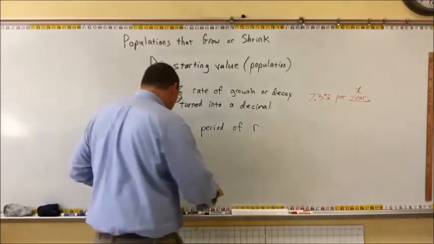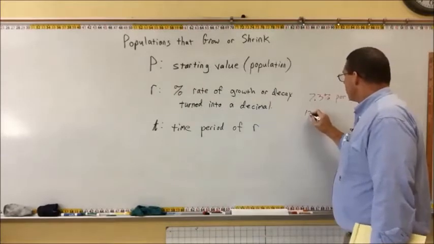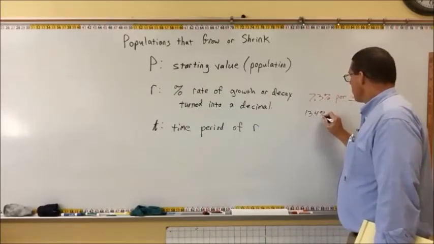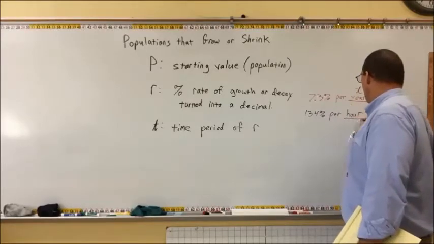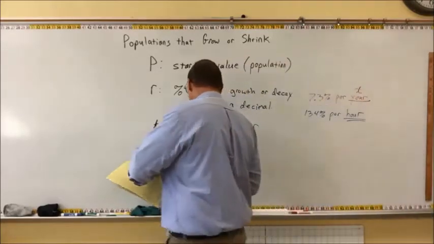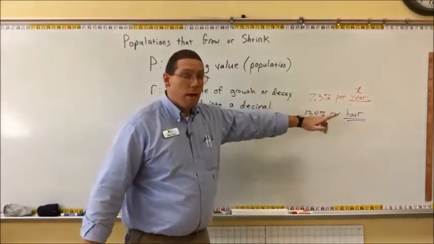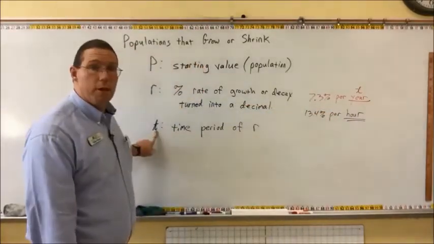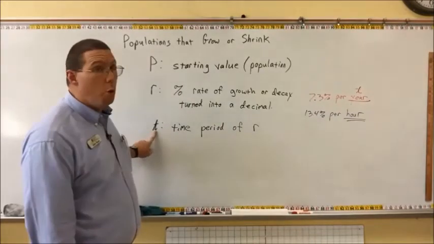Now, every once in a while, you'll see something like 13.4% per hour. So if your rate of growth is given in hours, then your time variable is number of hours. So this can change. This isn't always years.